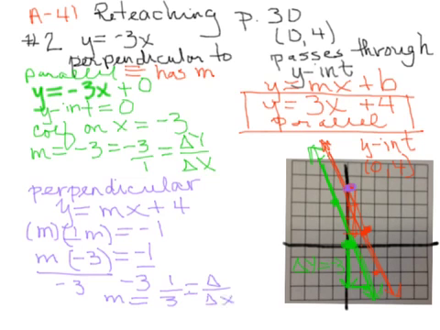So my final equation becomes y is equal to 1/3 x plus 4, and there's my perpendicular equation. So this one here is perpendicular.